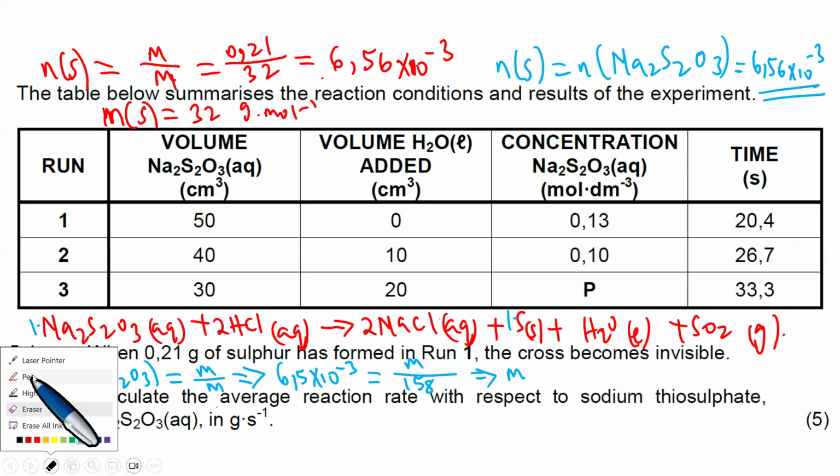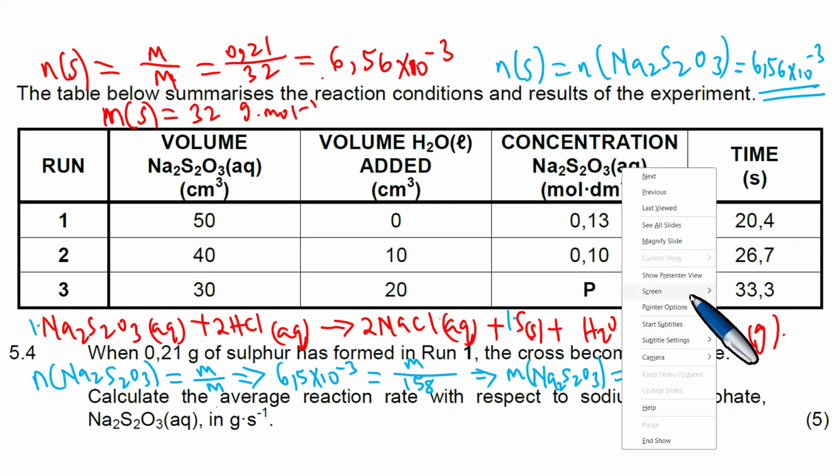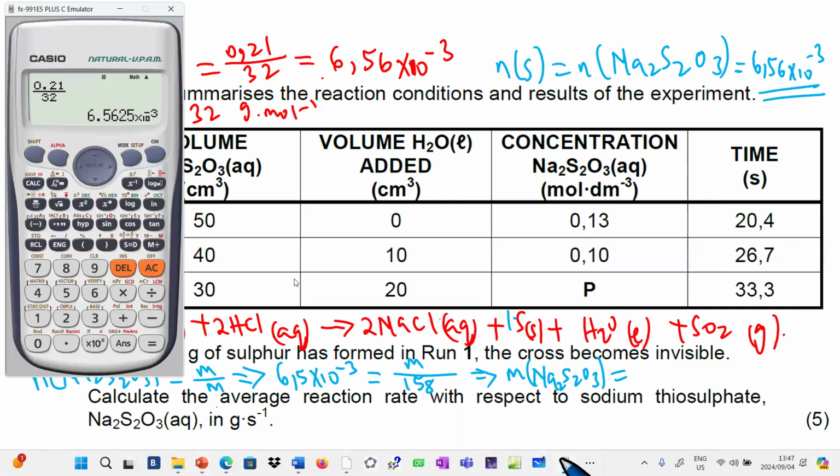So now you find the mass by cross multiplication: 6.56 times 10 to the minus 3 times 158.